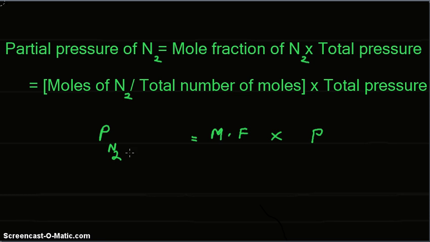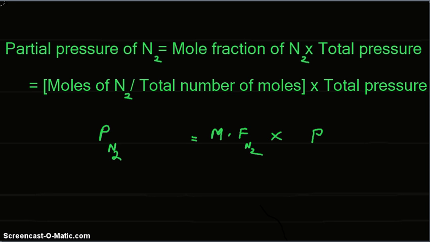So the partial pressure of nitrogen is equal to the mole fraction of nitrogen times the total pressure. That is the correlation. So in order to find the number of moles, that is the concentration of nitrogen, we have to find the mole fraction first. And how do we proceed to find it?